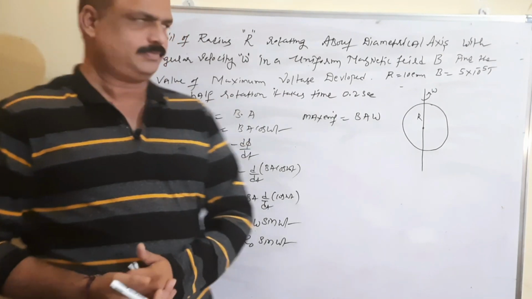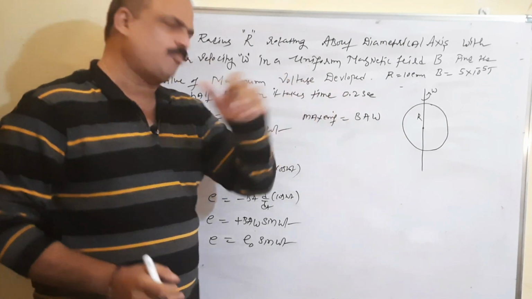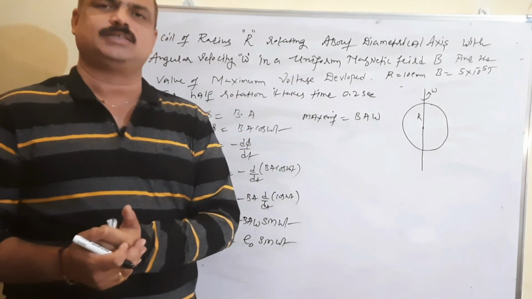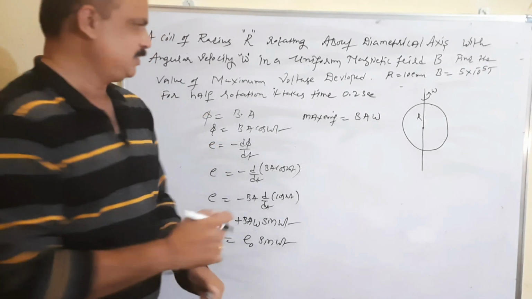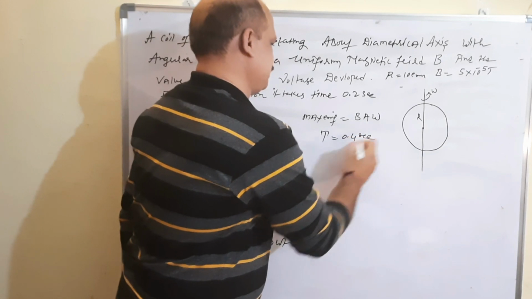How many turns in the coil? Only one turn. So for half rotation it takes 0.2 seconds. For full rotation it takes 0.4 seconds. That means the time period T is equal to 0.4 seconds.